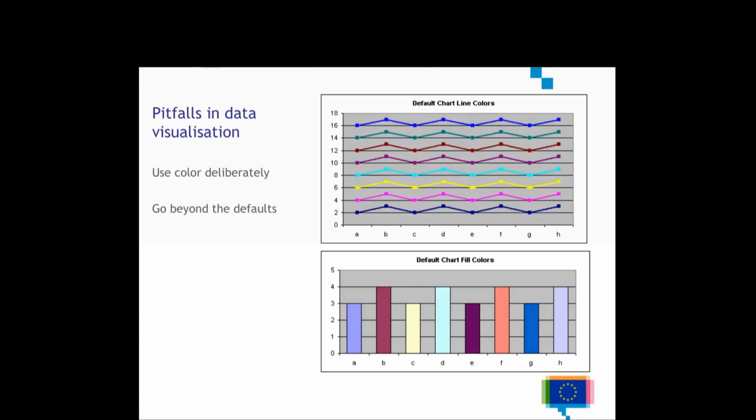In many ways, you also want to stress something on the chart, so you can give the things that you want to stress a brighter color and use muted colors for the other elements on your chart. So try to go beyond the defaults. You could also consider, for example, using the colors of your organization that you're working for. Use the branding colors, and this will usually also give nice results.